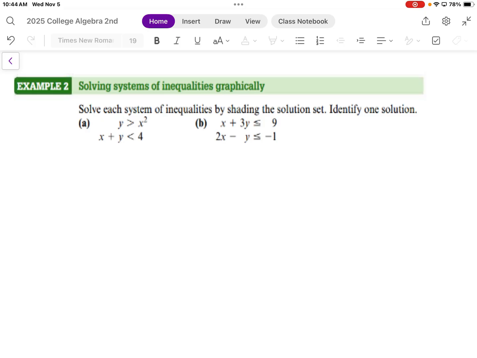All right. So now what happens when we have a system of inequalities, in this case linear and nonlinear? So what happens if we're dealing with two things?